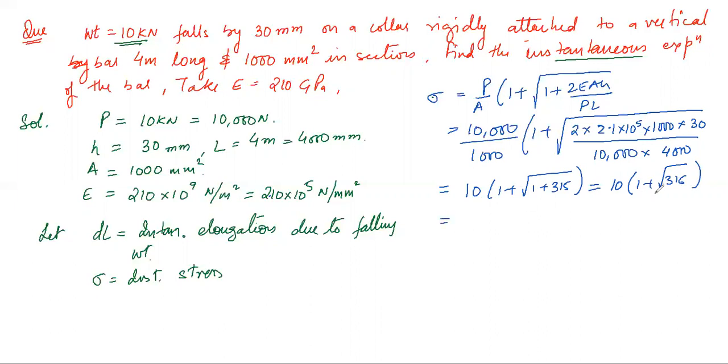Now once you solve this equation, you will get the value of sigma as 187.7 Newton per mm square, right?